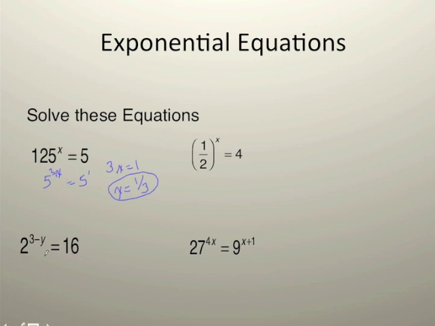Getting the same base here, well, 16 is 2 to the 4th. So 2 to the 3 minus y, bases are the same, so 3 minus y equals 4, negative y equals 1, y equals negative 1.